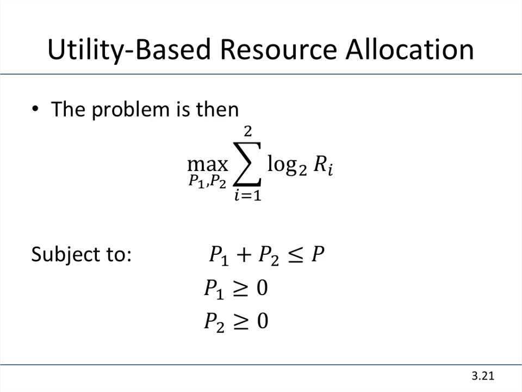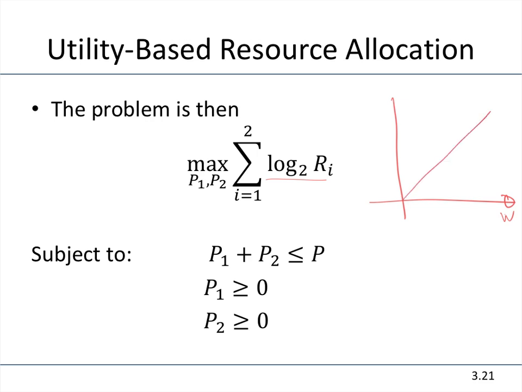So if we do this, then by maximizing log2 of R, the intuition behind it is as follows. Assume that Ri is a function of any decision variable, let's say bandwidth W. And it happens that R is linear as a function of W. So you have something like this, linear.